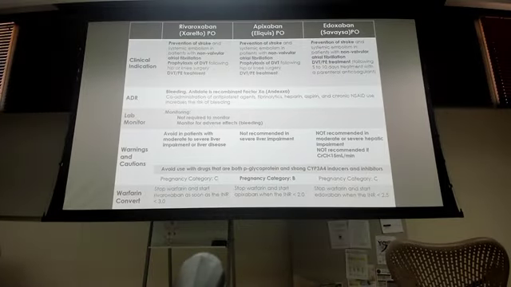And there they are listed for you. We mentioned that you can monitor anti-Xa with a lab. You can monitor it, but it's based on which DOAC the patient's on. And we said we could also monitor it in those special situations you might want to.